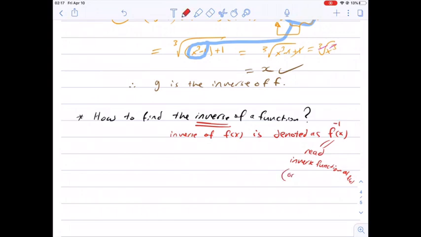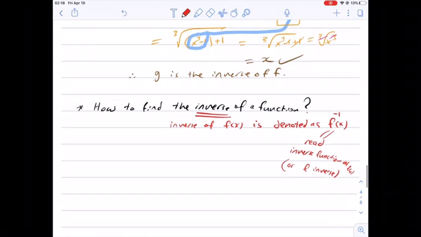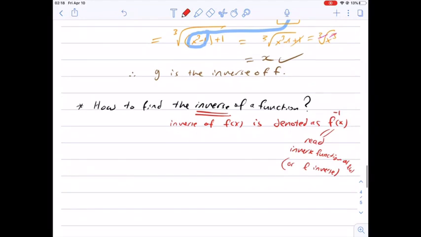We can read it as f inverse. That means the inverse of the function f. Now, just a word of caution, you need to remember that f inverse of x is not equal to 1 over f of x, because this is not negative 1.